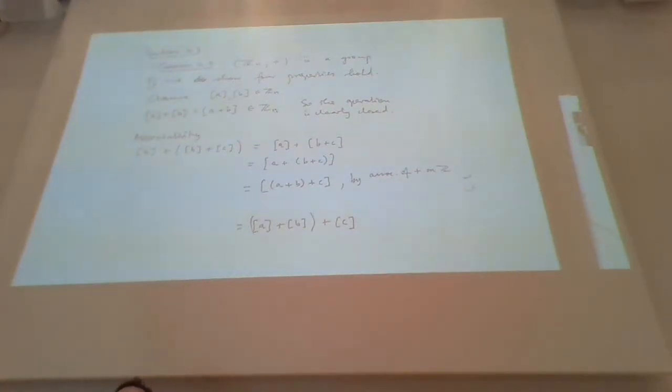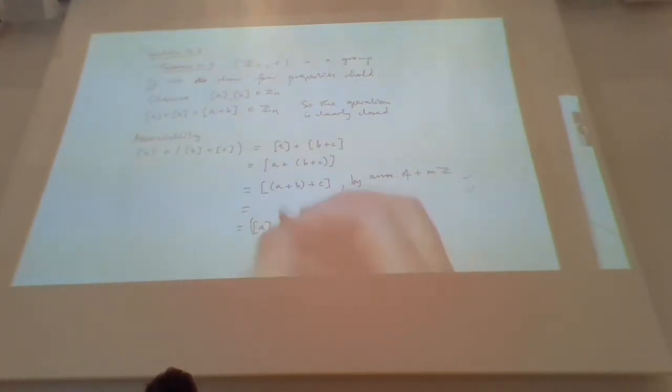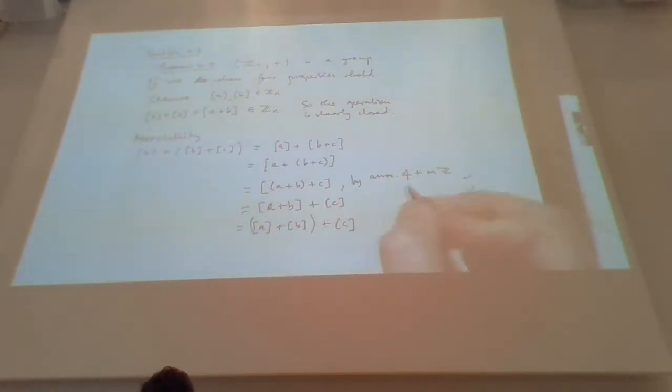We're using a pre-existing property. And of course, the congruence class of a sum of two integers, A plus B and C, by definition is the congruence class of A plus B plus the congruence class of C. So the justification for every other step is the definition of addition of congruence classes.